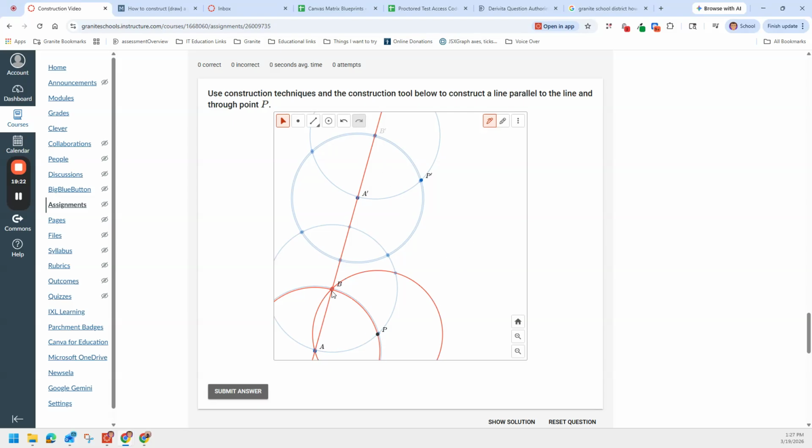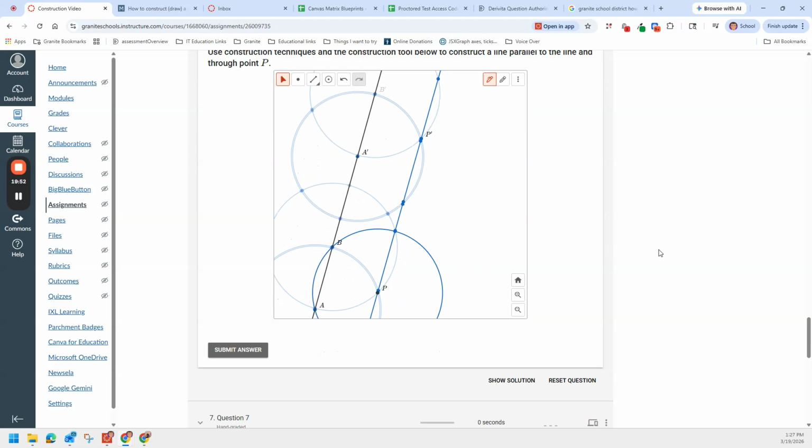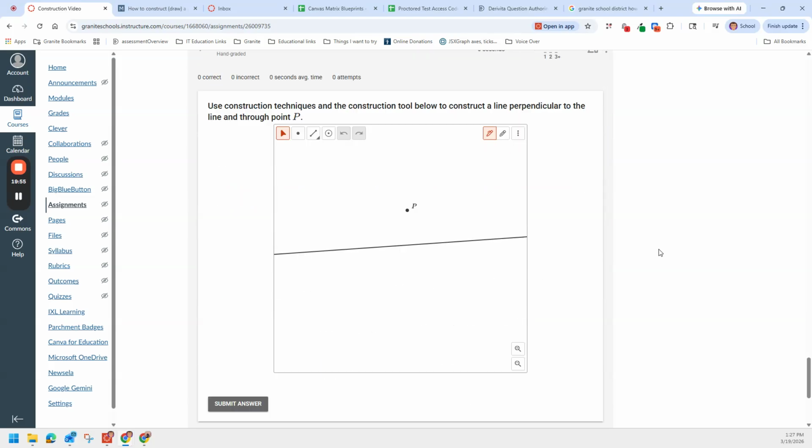I'm making sure that up here I'm creating pretty much an equilateral triangle once again, which forces point P prime to be the same distance from the line as point P is. All right, so let's now connect P to P prime. And there we go: 2 parallel lines that at every point stay the exact same distance apart.